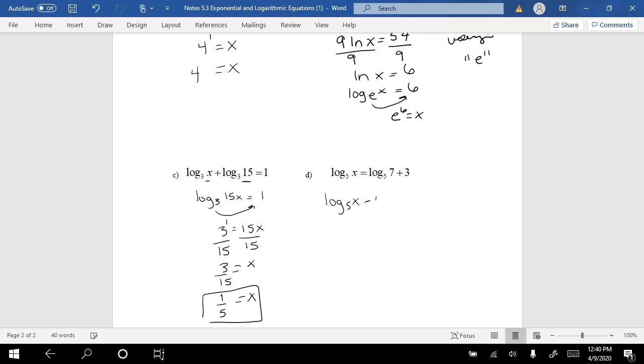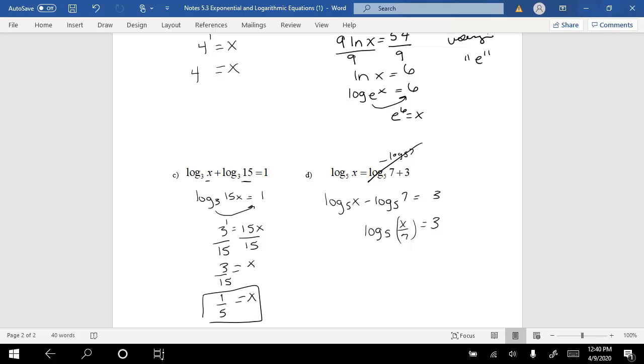So since that's positive, I'm going to subtract log base 5 of 7. When I subtract log base 5 of 7 over here, of course, that goes away, and I'm just left with 3. We're going to go back to our condensing properties. If I'm subtracting, I can divide. So log base 5 of x divided by 7 is equal to 3.